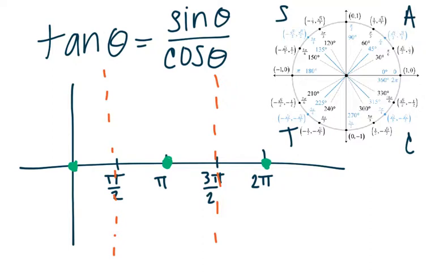Now to fill in the general shape of our graph, I'm going to start at 0 and then work my way across to the right. So if I start at 0 and I work my way towards pi over 2, my tangent function gets really close to becoming 1 over 0.